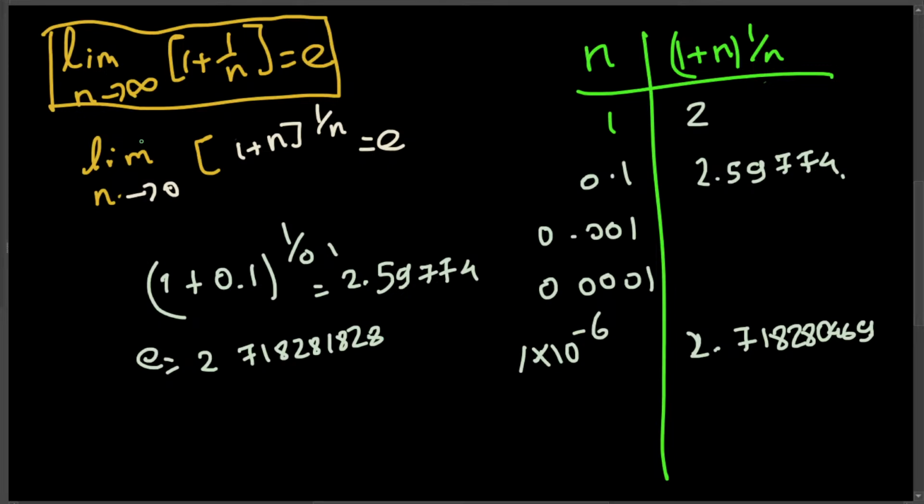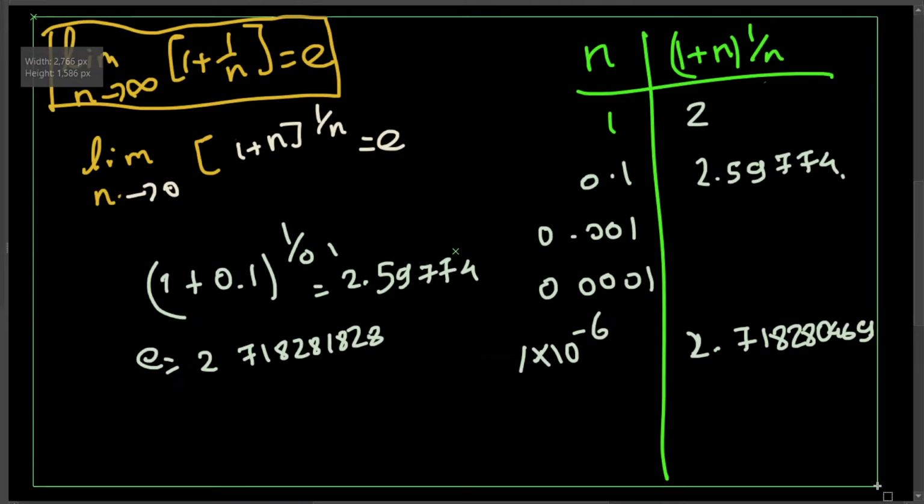Okay, and there's another way you can find the e value, and that is by taking factorials. If you take the sum for n equal to 0 to infinity of 1 over n factorial, it's going to give you the e value. To try this, you can get a bunch of 1 over n factorial terms.